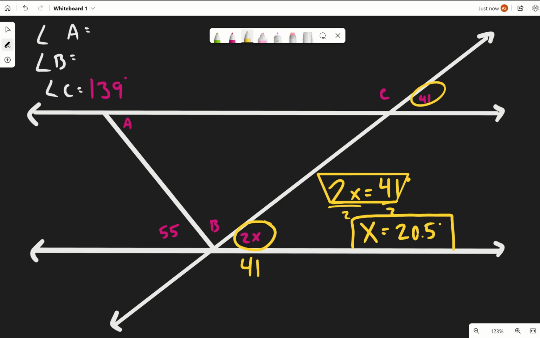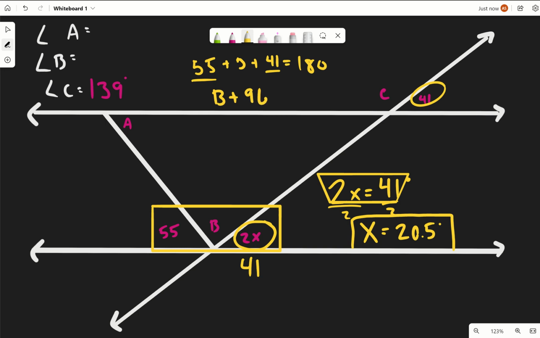X is 20.5. And now, to find angle B, we're going to say these three measures equal 180. 55 plus B plus 41 equals 180. And if we were to add together our like terms, 55 plus 41, we would get 96. We would get B plus 96 equals 180.